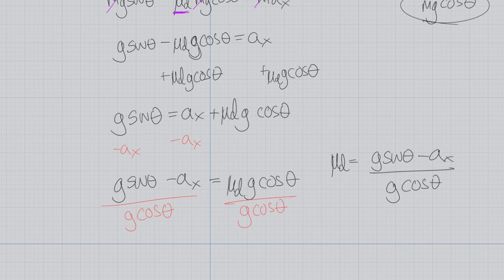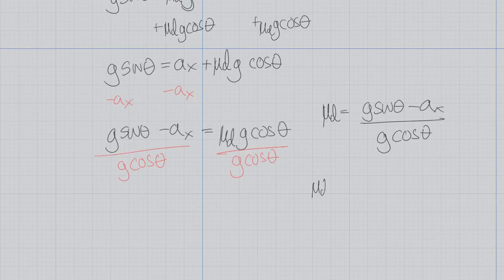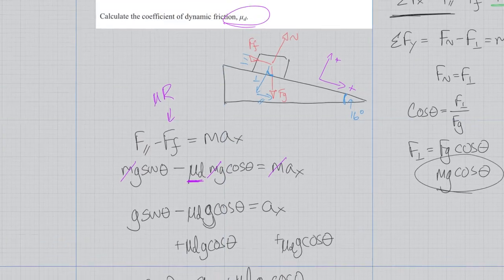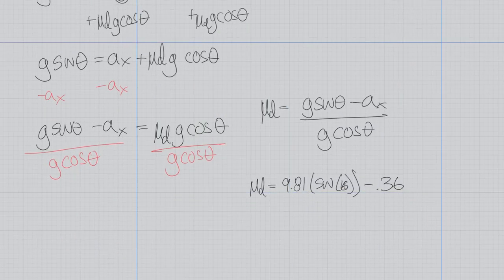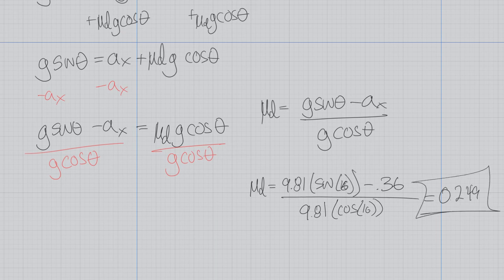So I get coefficient of friction equals 9.81 times the sine of 16 minus 0.36, I believe it was. That's the acceleration down the ramp, divided by 9.81 times the cosine of 16. And all that gives me 0.249. Again, that is a unitless value.